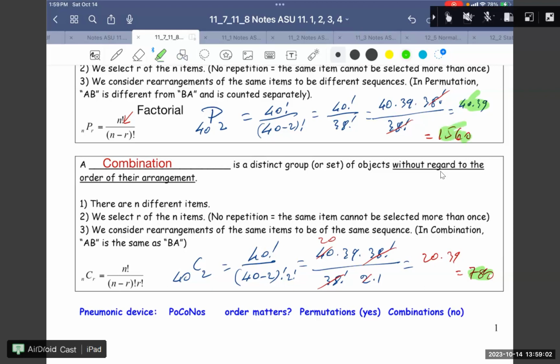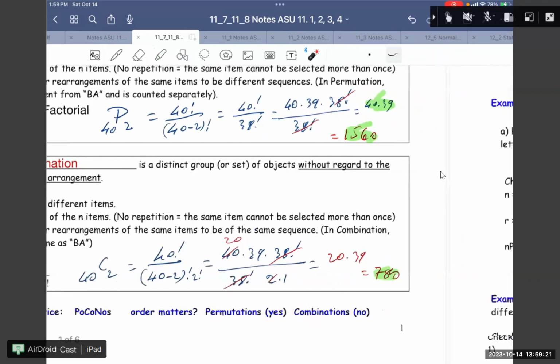So that's how we're doing that. And we have a formula. You should see whether order matters: permutation, yes; combinations, no. They have all that stuff.